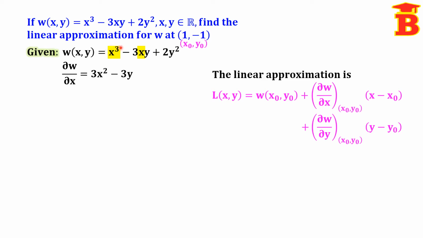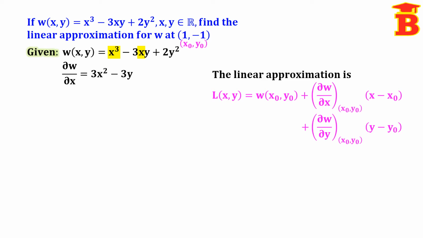This x cube differentiation is 3x square. Next term x differentiation 1. 1 into minus 3y. So we get minus 3y. Plus this is constant, differentiation 0. So if you want to differentiate with respect to x, see the x terms only and differentiate that only. This is dou w by dou x.